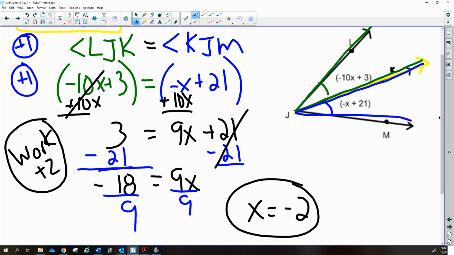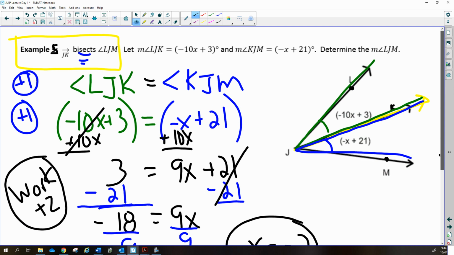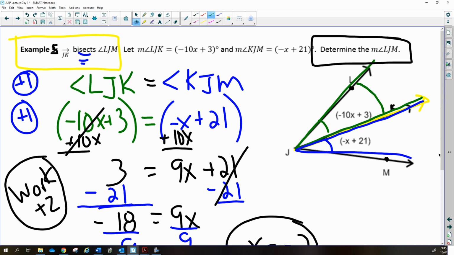The last little part was, what were they asking us to find? It said determine the measure of LJM. LJM is this green angle right up here. So if we want to find angle LJM's measure, we're going to have to plug into this 10x plus 3.